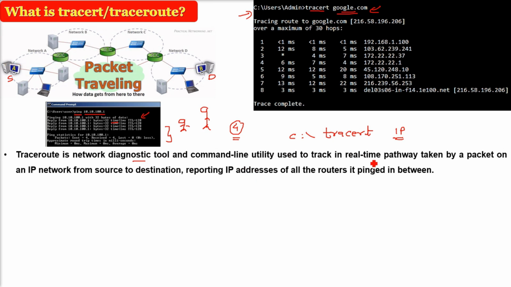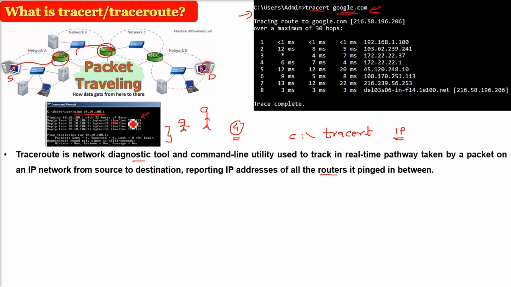So from source to destination, there are mid destinations. These are the destinations the packet has gone to, and it has come back by some way. The round trip time of each of the local destinations or the outside network destinations, all the information of all the routers or the IPs, is known by traceroute.